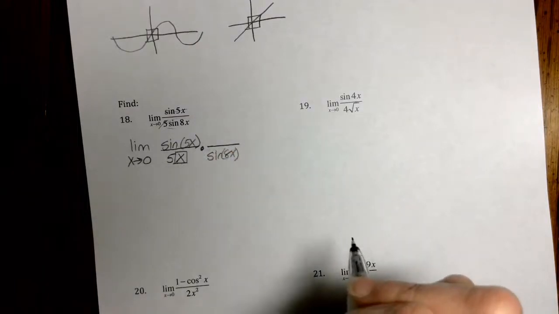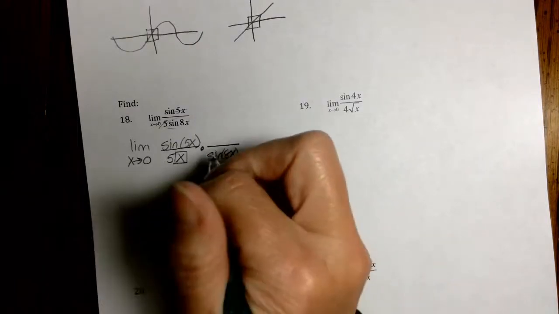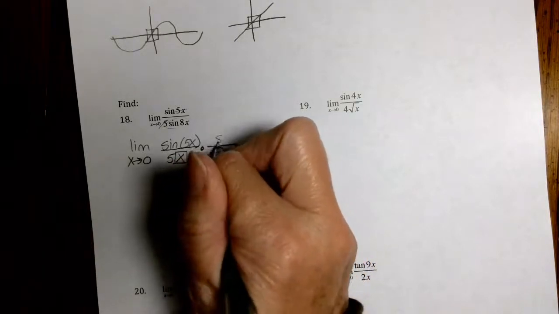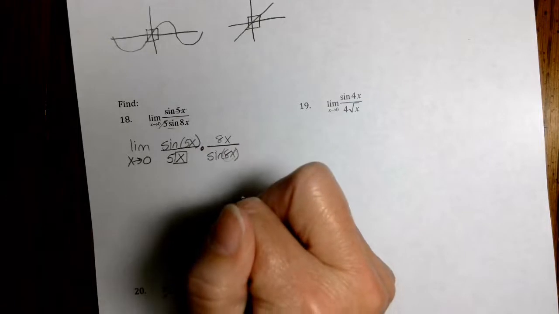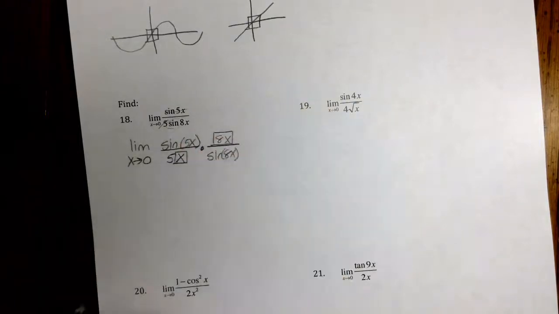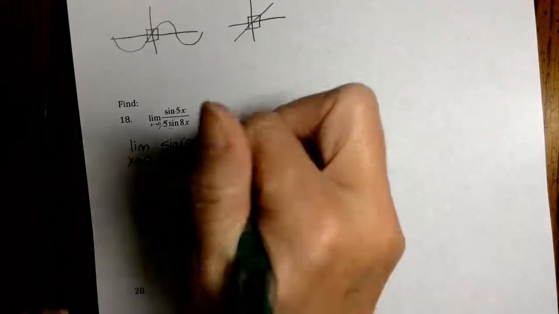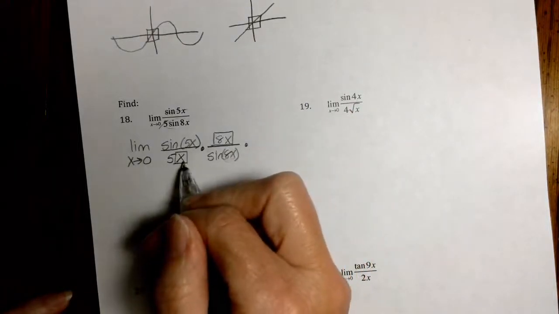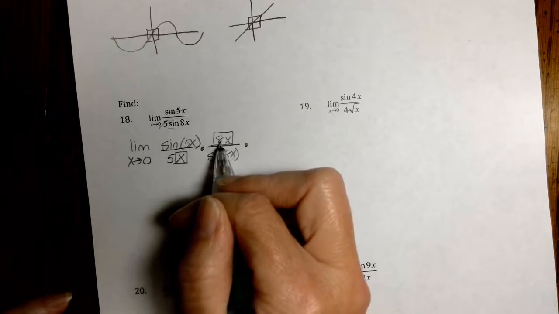In order for it to become a 1, I need to have a matching amount as a linear function. That did not exist in the original. I put that in, so I'm boxing it out to say, ooh, I put that in. And then I look at the two things that I put in. x divided by x is really a fancy 1, so I'm good there. I have an extra factor of 8.